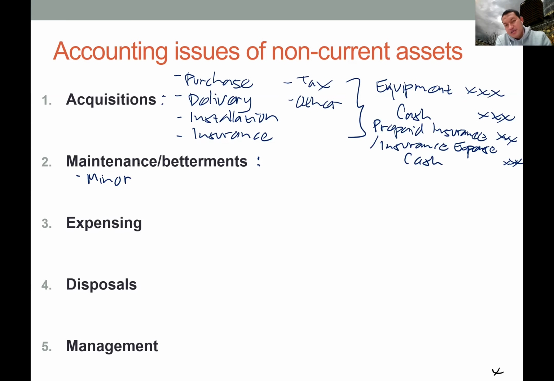For example, if the company is only replacing one or two parts of a machine, or one or two windows of a car, that could be minor maintenance. We cannot expect that this maintenance will extend the economic life of the asset.